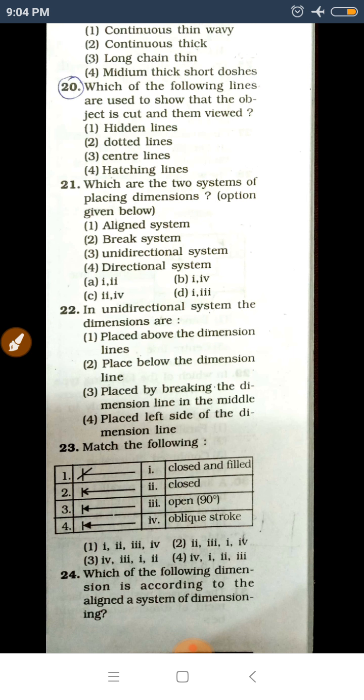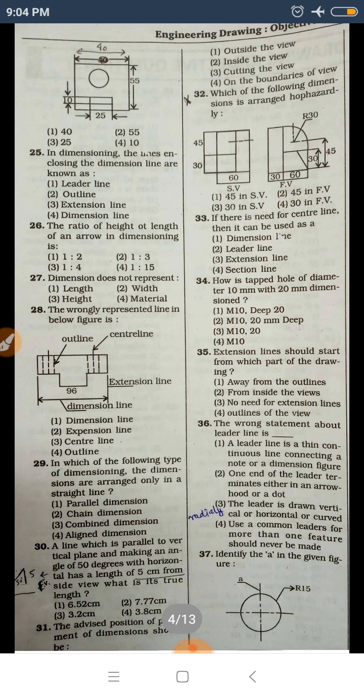Which of the following dimension is according to the aligned system of dimensioning? Answer will be 40. In dimensioning, the lines enclosing the dimension line, extension line, the ratio of height and length of the arrowhead is 1:3.